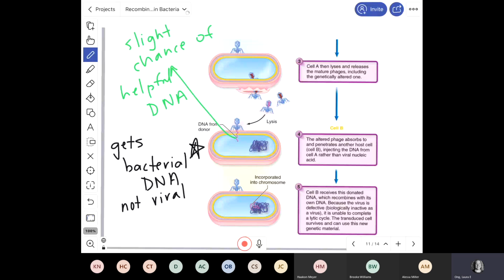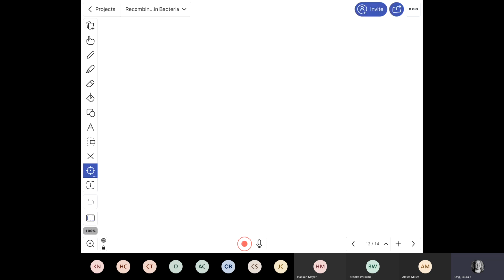So if that piece of DNA gets integrated with the host chromosome, it's usable, and it's possible that it could be helpful. But with the number of viruses that infect bacteria on a daily basis, having this be useful is rare, but it happens. And it's one of the three major ways that bacteria can get new genes. This is transduction.